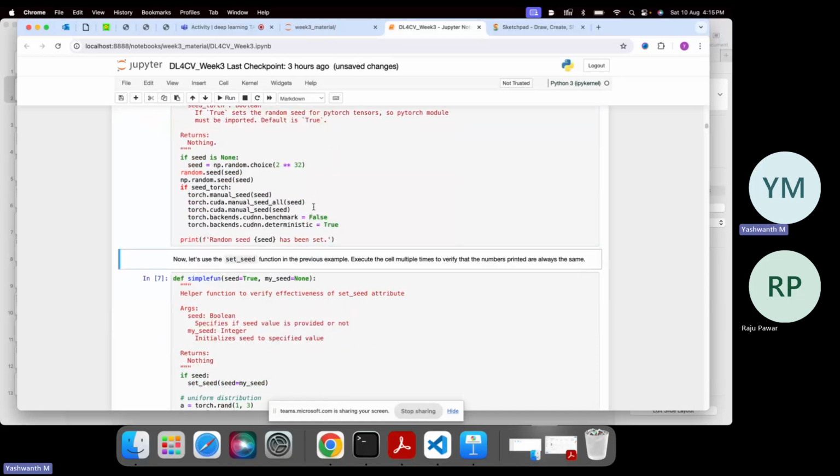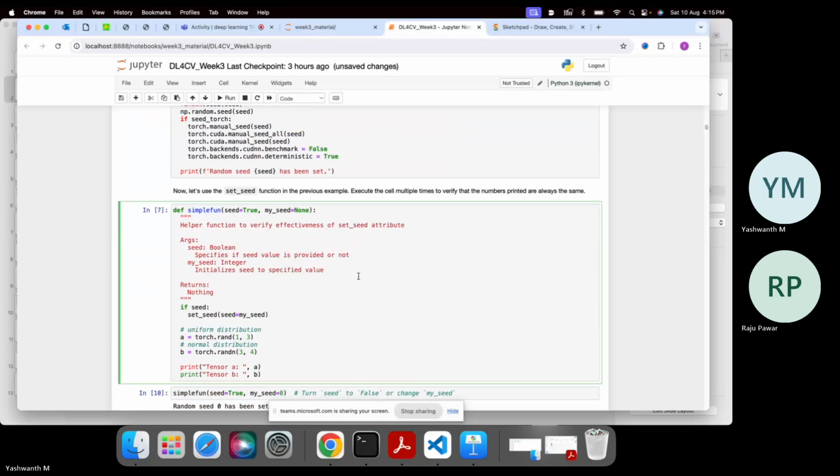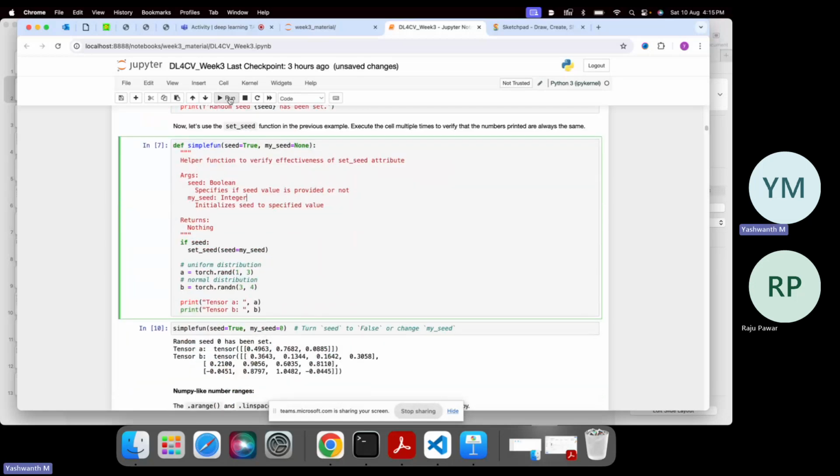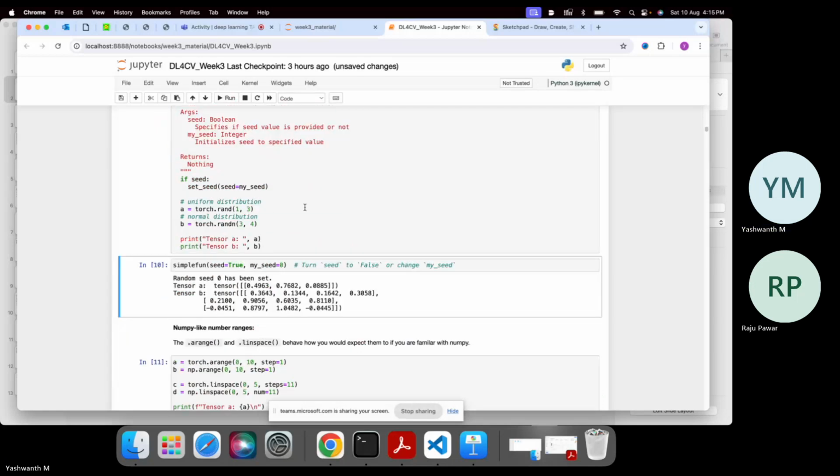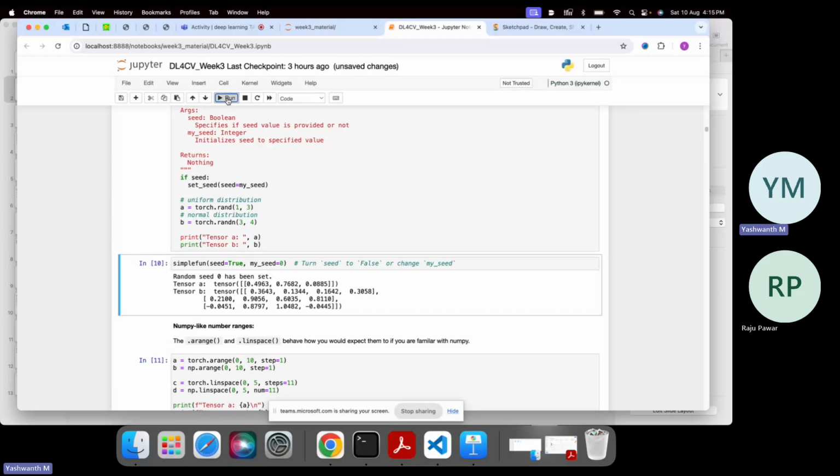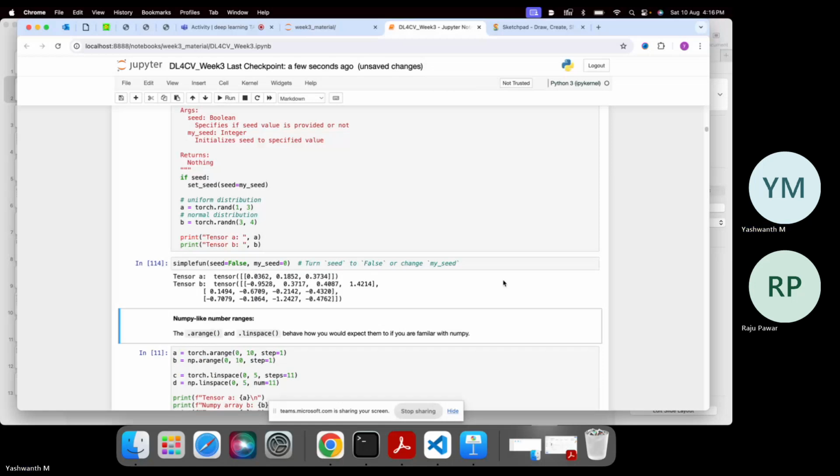We'll see the examples for it. When you set the seed to true, no matter how many times we run, we'll get the same thing. But if I set it to false, each time it will be different. If you set it to true, no matter how many times you run, you will get the same thing.